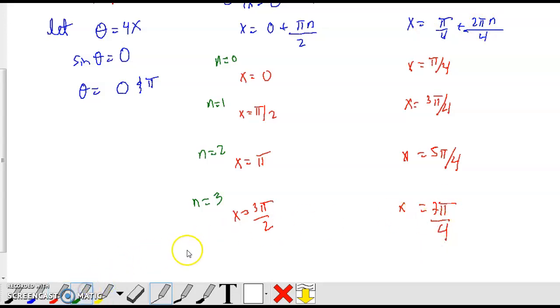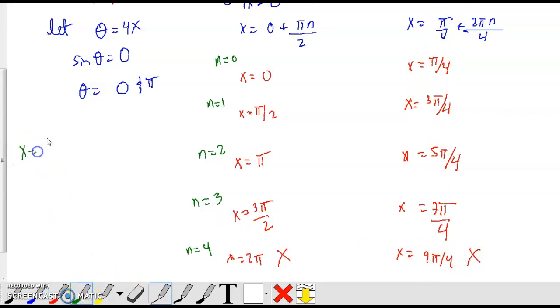If I try to go to n is equal to 4, this is not going to work because 4 times pi will leave me with 4 pi over 2, which is the same thing as 2 pi. So too big, which means that this guy is definitely going to be too big. So this will be at 9 pi over 4. So again, too big.